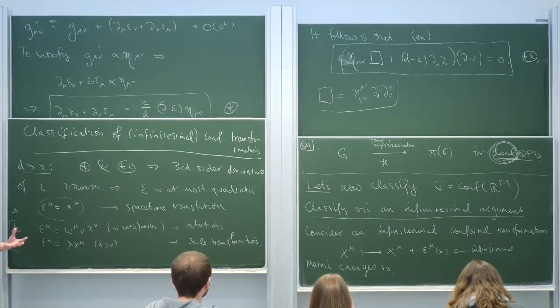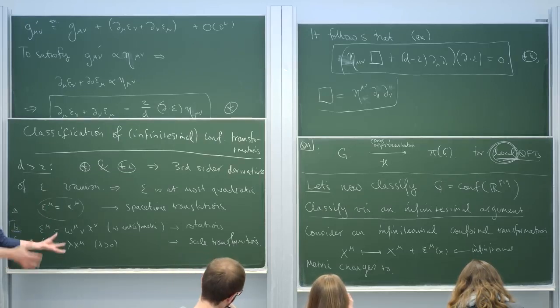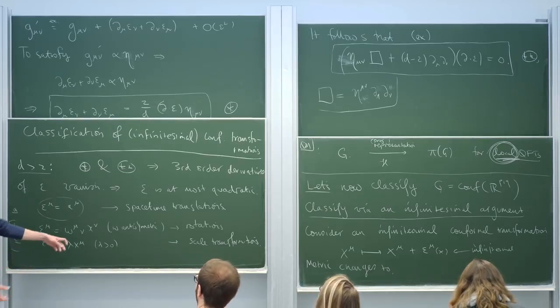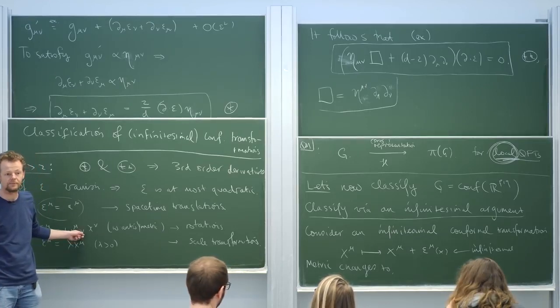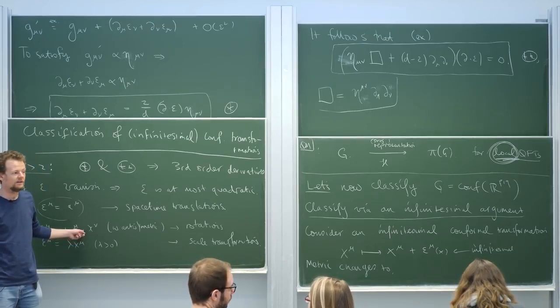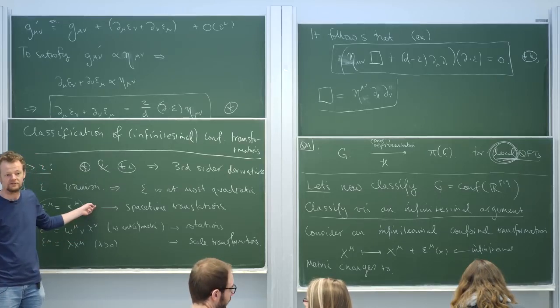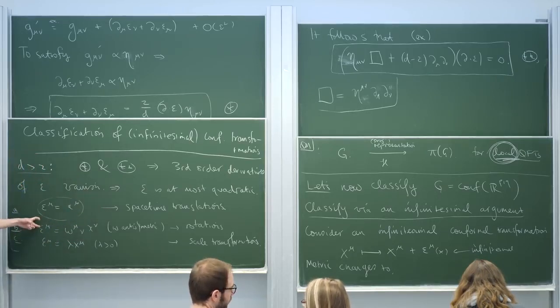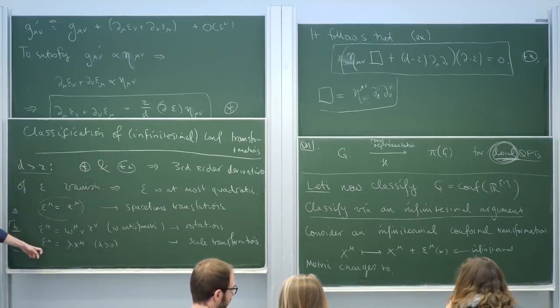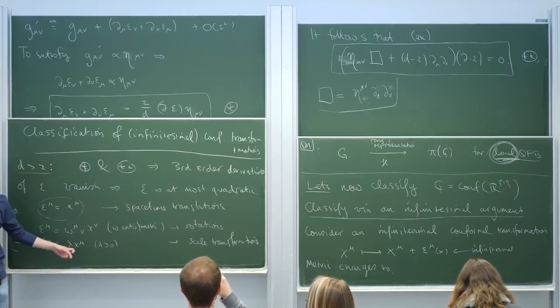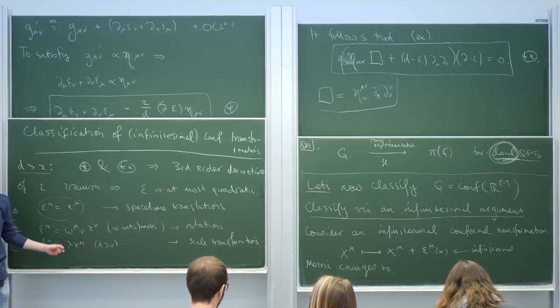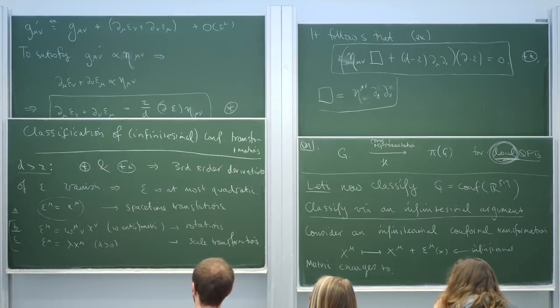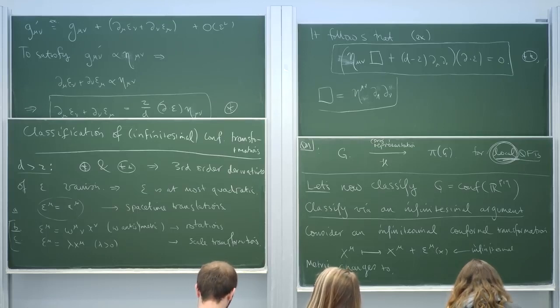So conformal transformations include Lorentz boosts. So a Lorentz boost is like this. They include translation, space-time translation. So they include the Lorentz group already. Plus, they give you a new type of transformation, the scale transformation. That's not a Lorentz transformation at all, right? A scale transformation changes the metric by a factor lambda squared, or exponential of lambda.